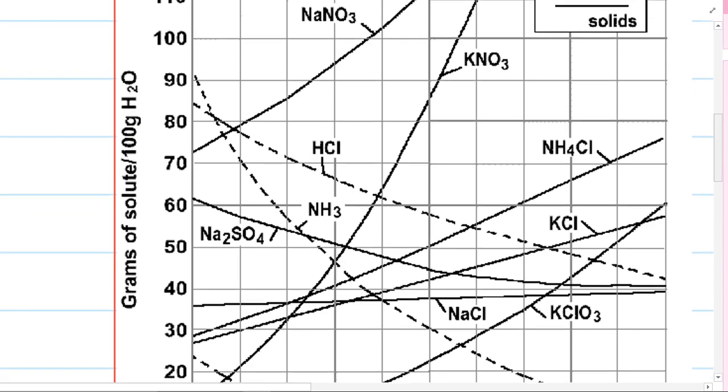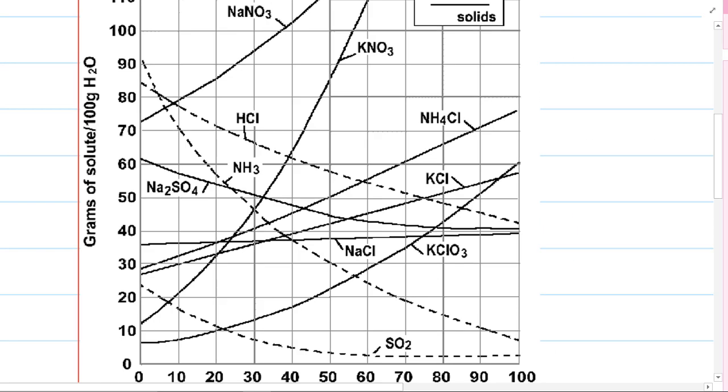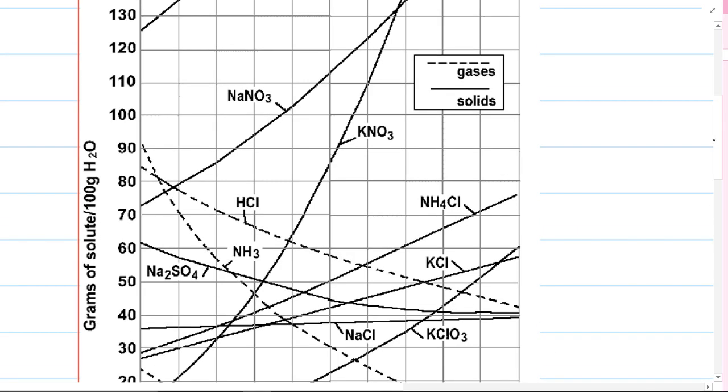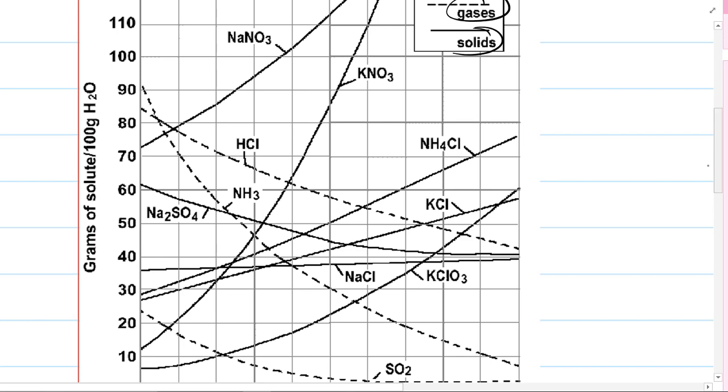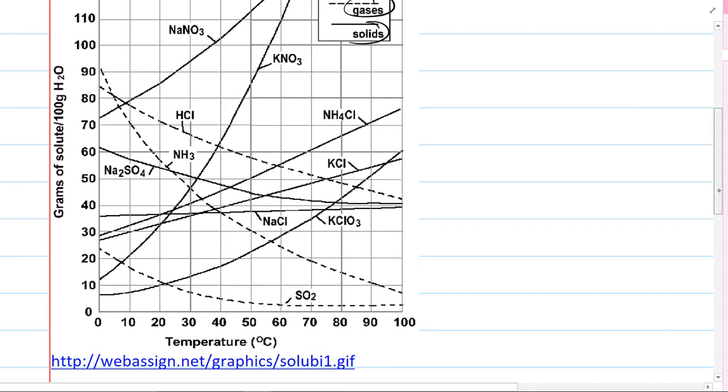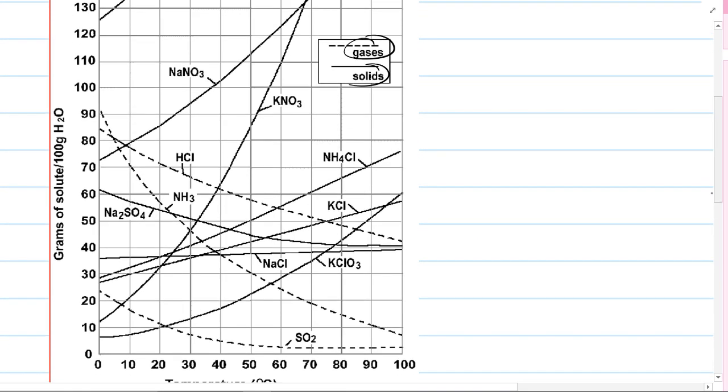Now if we look at this graph carefully, we see that there's a key on this graph. We have a key for gases, we have another one for solids. And if we look at this key, in general, let's start with solids. What happens to solubilities of solids as we increase the temperature?